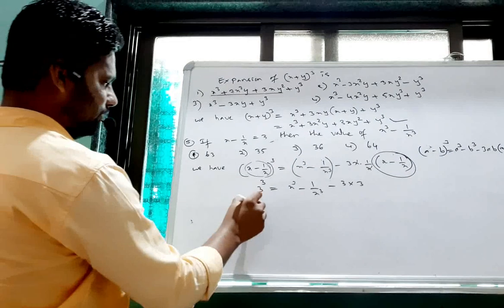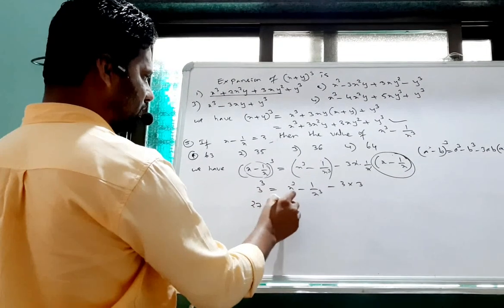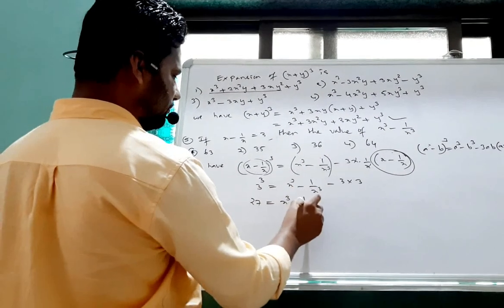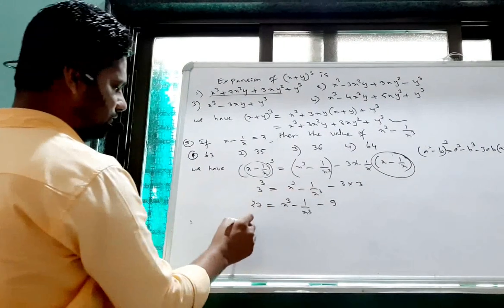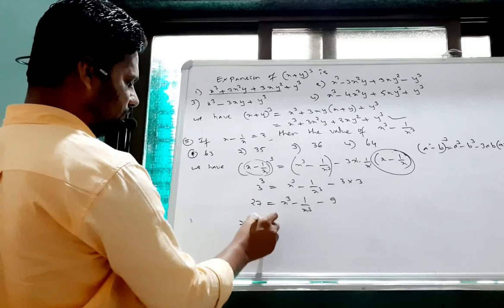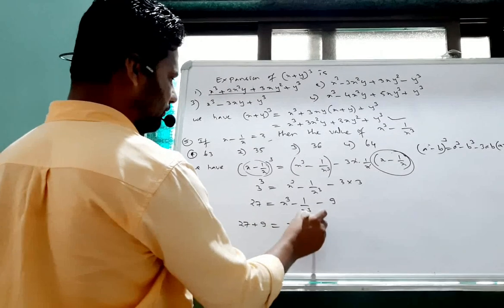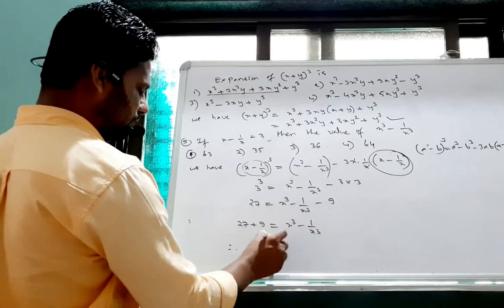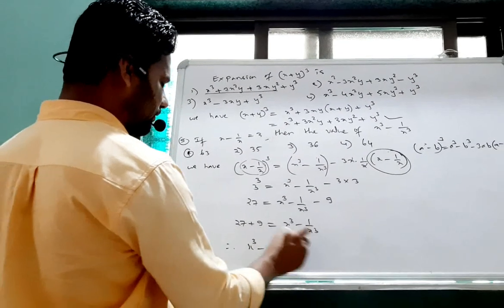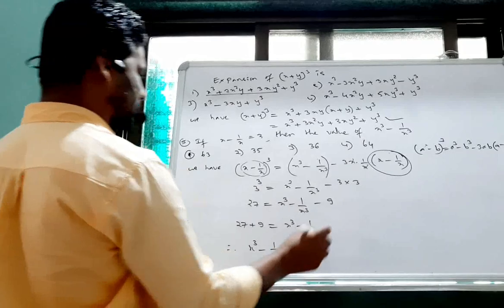So this is 27 is equal to x cube minus 1 by x cube minus 9. The minus 9 take to LHS. 27 plus 9 is equal to x cube minus 1 by x cube. So therefore x cube minus 1 by x cube is equal to 27 plus 9, which is 36.